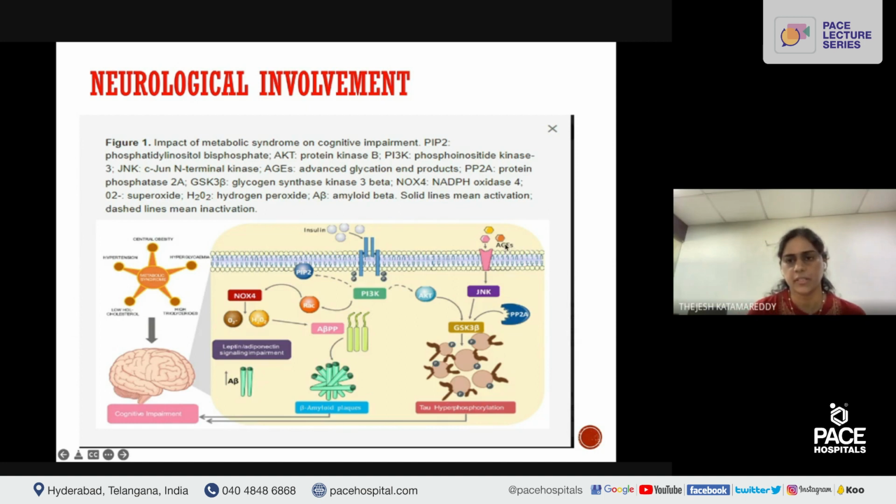The advanced glycation end products also lead to hyperphosphorylation of GSK3 beta and tau proteins. NADPH oxidase will help in the production of superoxides and hydrogen peroxides, thereby affecting the amyloid beta precursor protein and causing amyloid plaques to accumulate in the brain tissue, leading to cognitive impairment.